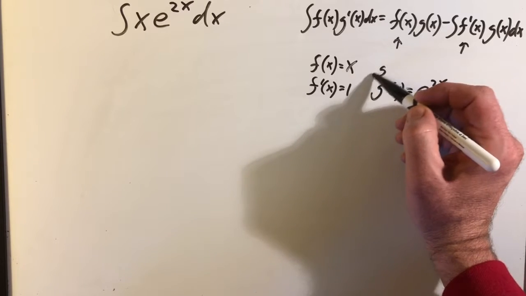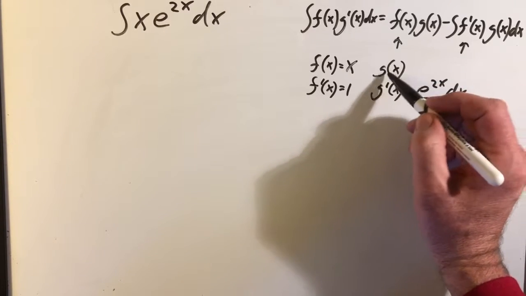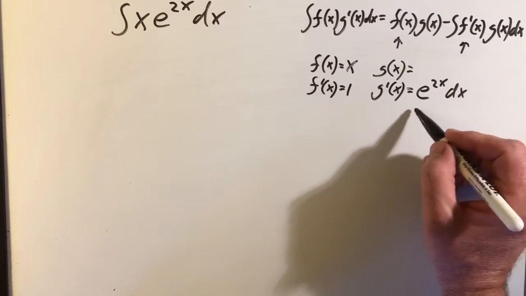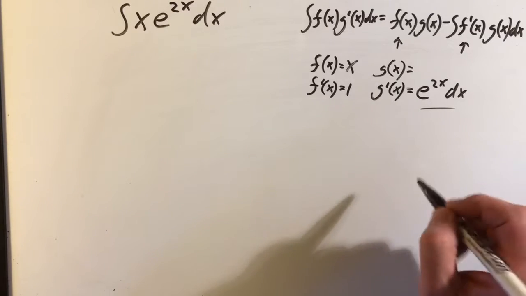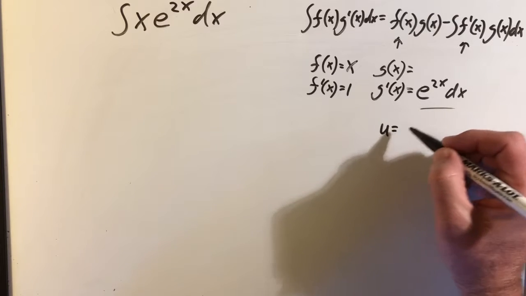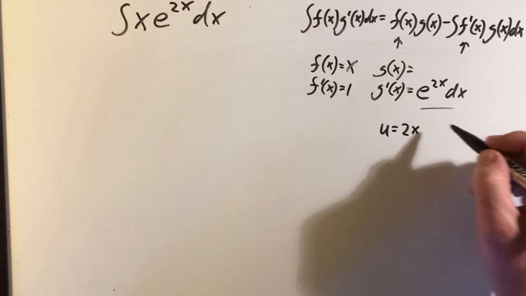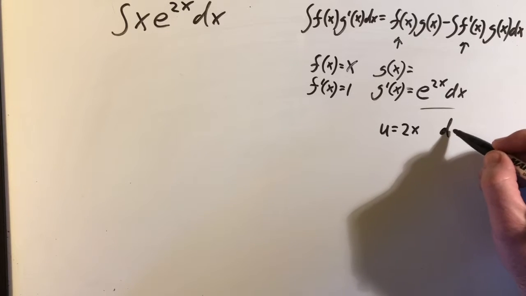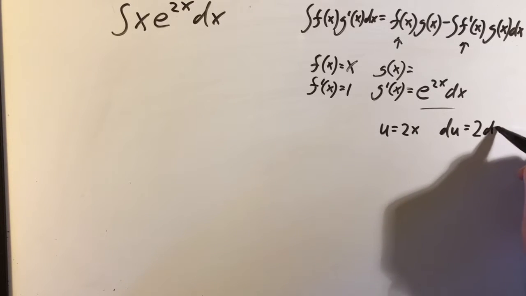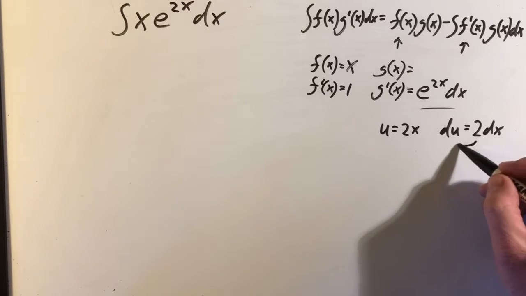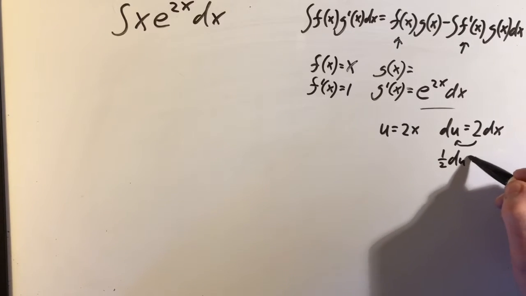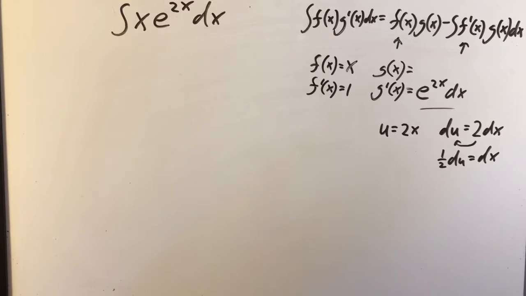Then we just have to do a quick integral to find out what g of x is going to equal. So if I do a quick substitution rule here to get the integral of e to the 2x, I make u equal to 2x, then du is going to be equal to 2 dx. And then I'll move the 2 to the other side, so it'll be 1/2 du equals dx.